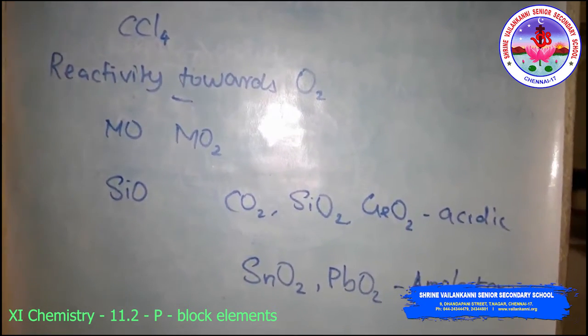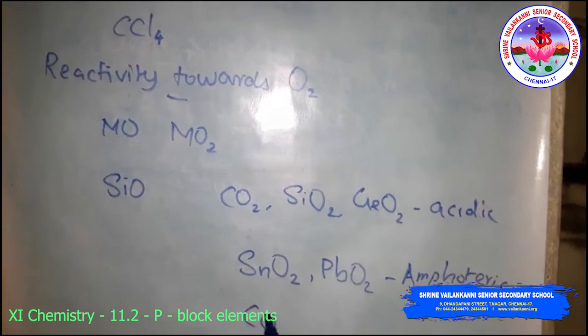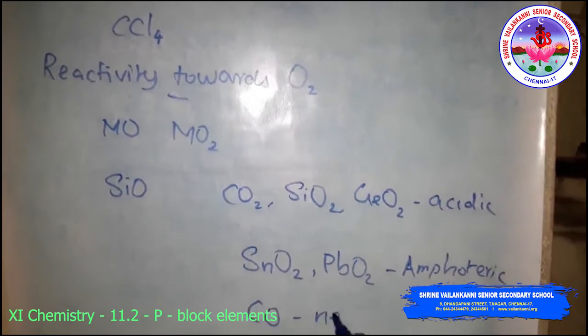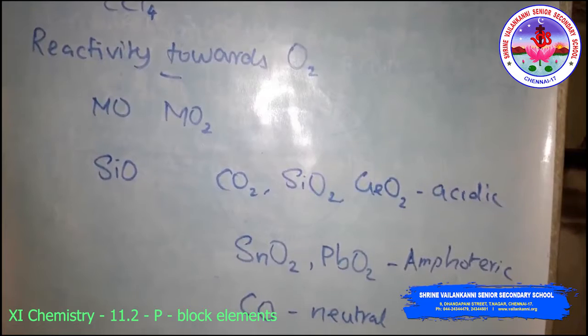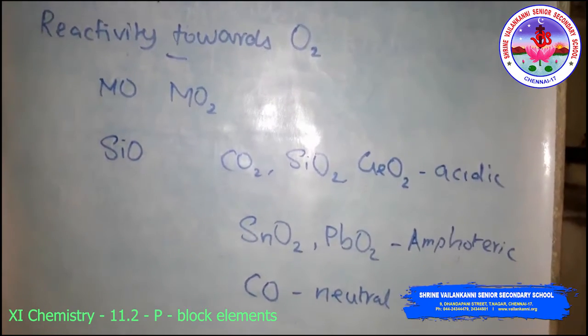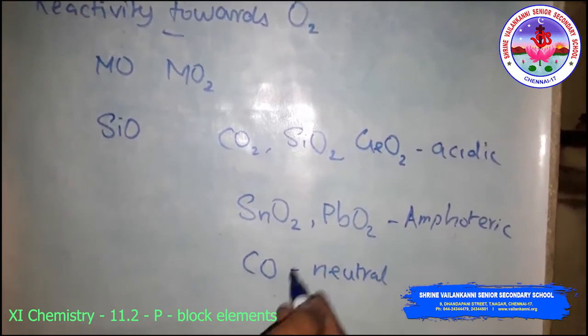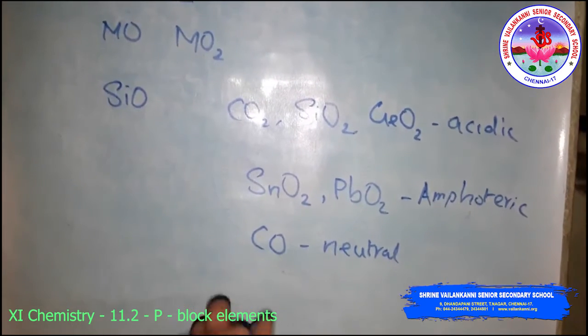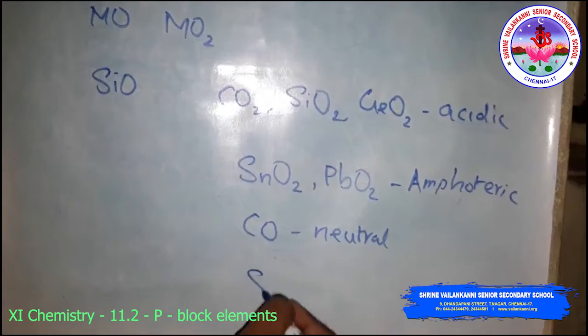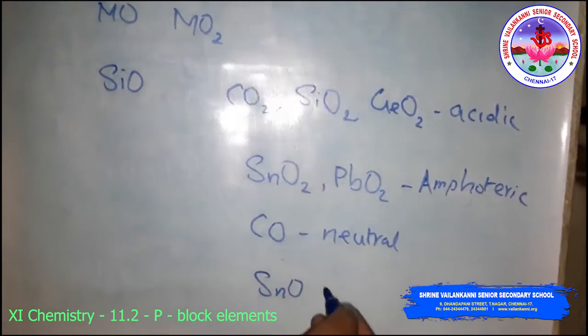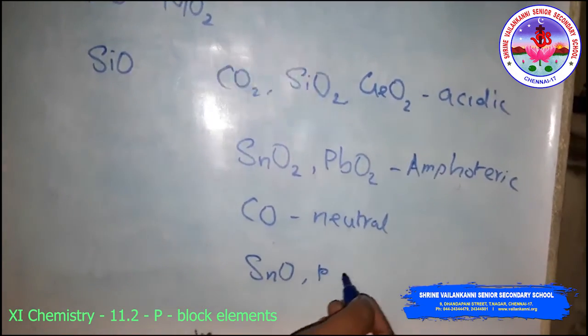Then carbon monoxide is neutral. Germanium oxide is distinctly acidic, whereas tin oxide and lead oxide are amphoteric.